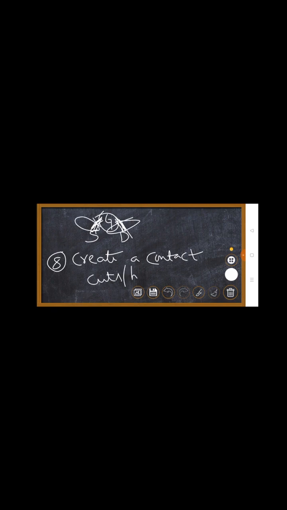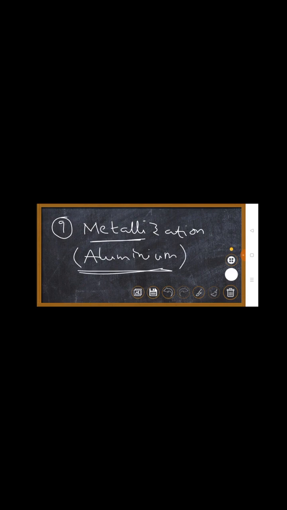Somebody calls these holes. And finally after the 8th step, we form the last step which is known as metallization. Here which metal are we going to use? Aluminum metal. We give this metal to attach the terminals, this is gate, source, drain, like that. Is it clear, all of you?